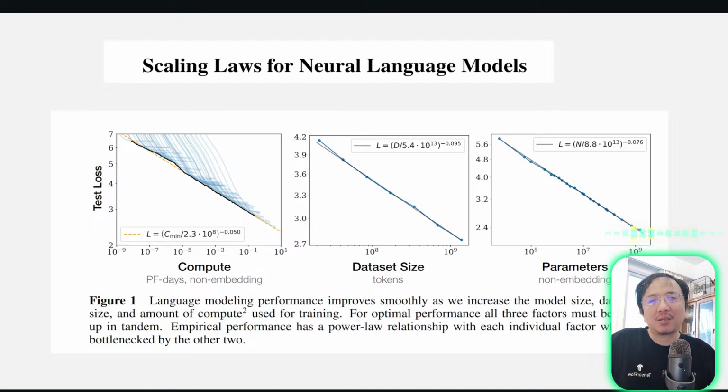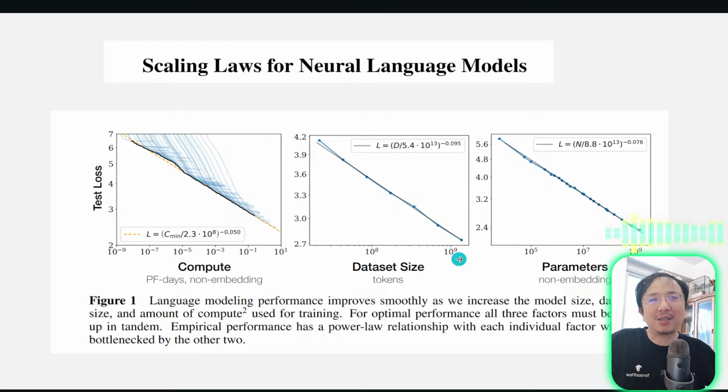So in this paper, it discussed and studied the relation between the three primary effects that can be related to the result of large language models. The three factors are compute, like how many days of computation, the dataset size, and the parameters in the model, so the size of the model.